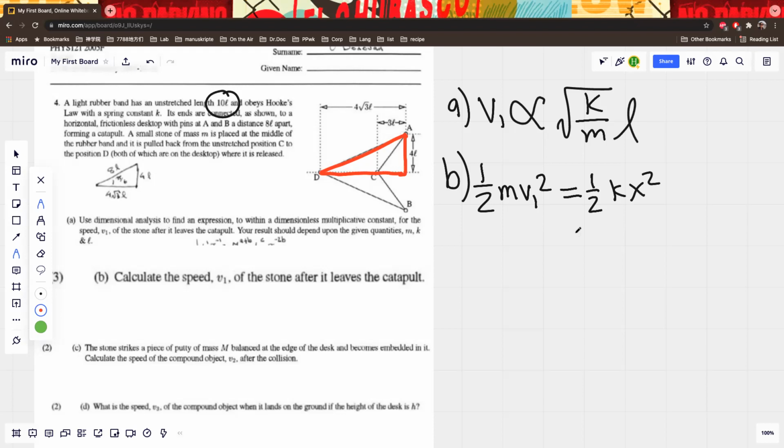Okay, so then this will equal half times K times 16L is the new length and 10L is the original length. So we end up with half KX squared. This is meant to be L. That's a bit ugly, I'll just fix that.